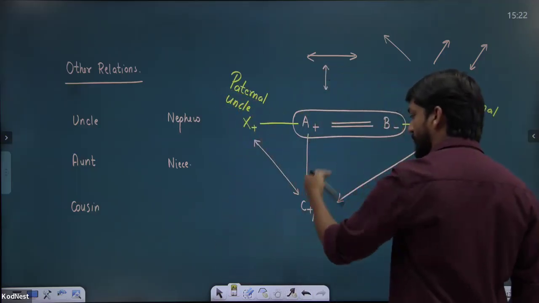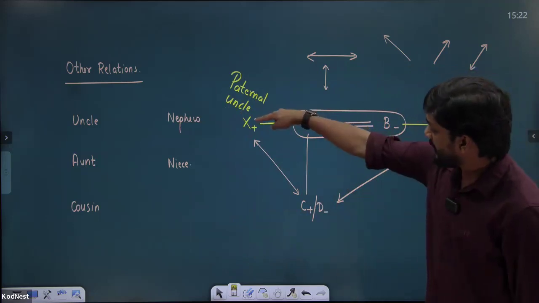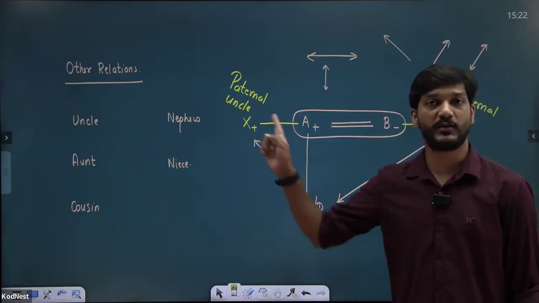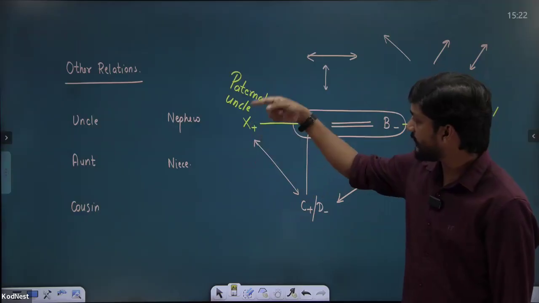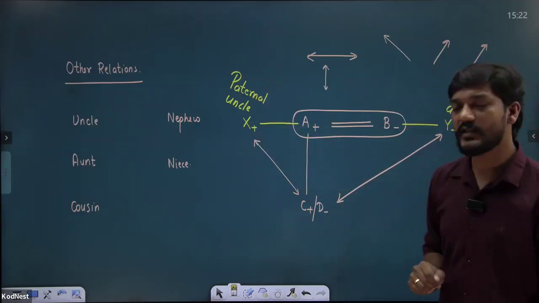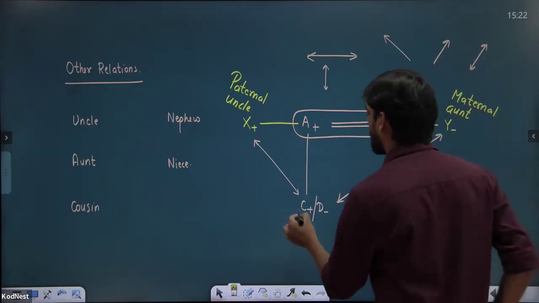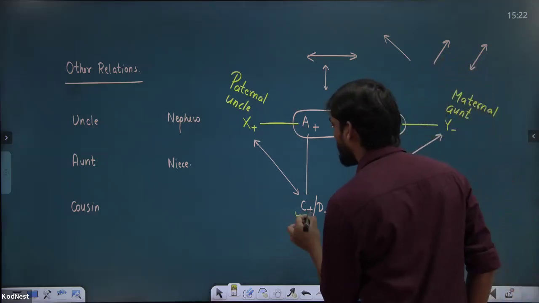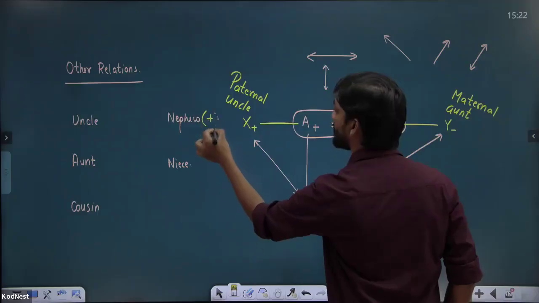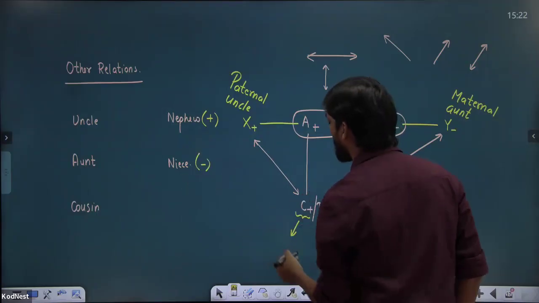If I say opposite, for this person, who is C plus? For this person, C, X is uncle. So who is C with respect to uncle? Nephew, niece. My dear, nephew is for male person and niece is for female person.